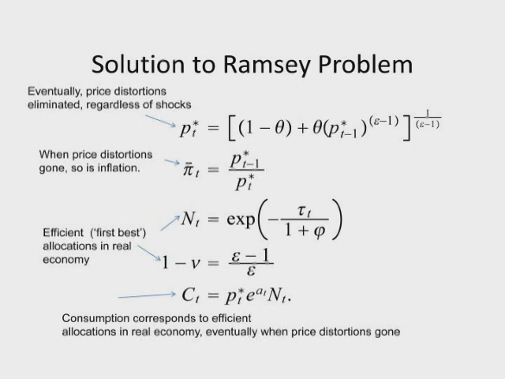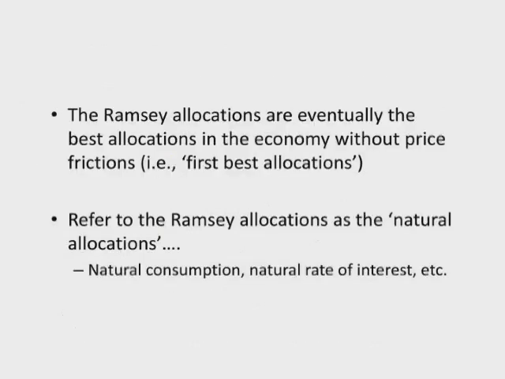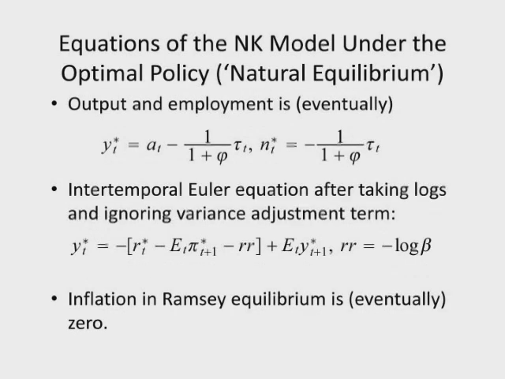There's no advantage to surprising people. Time inconsistency comes from advantages to fooling people, but there's no advantage to that here because the two instruments are enough to get them to the efficient outcome. If we had sticky wages, then the Ramsey problem is not time consistent anymore.